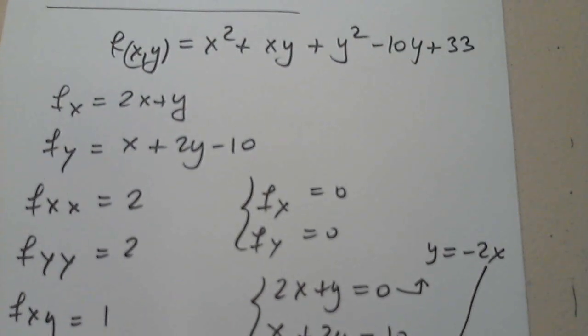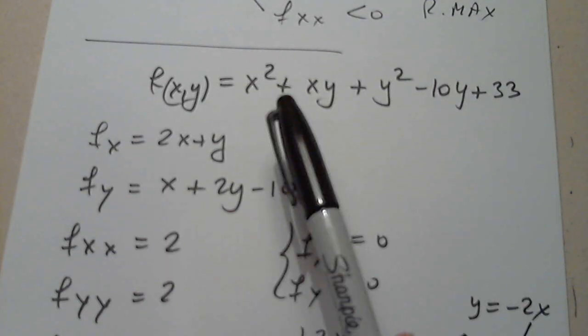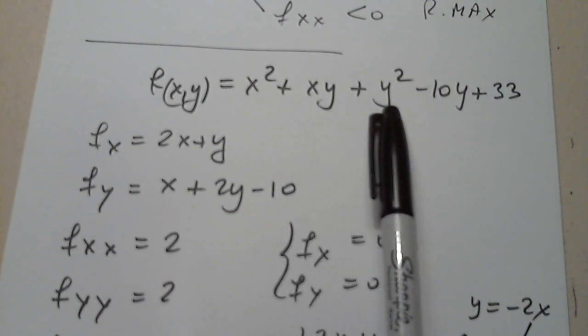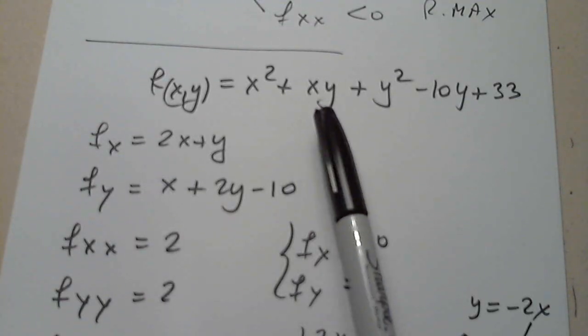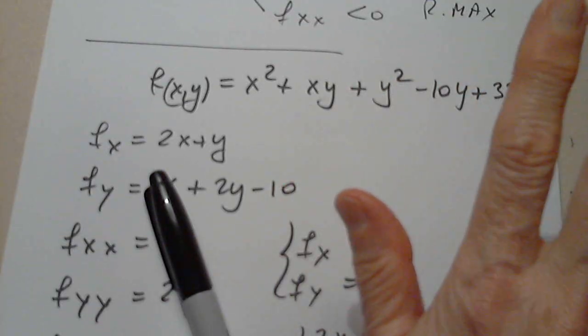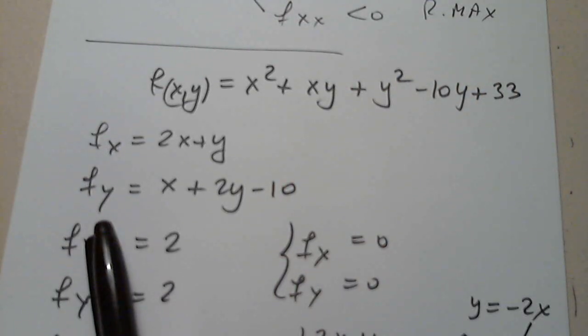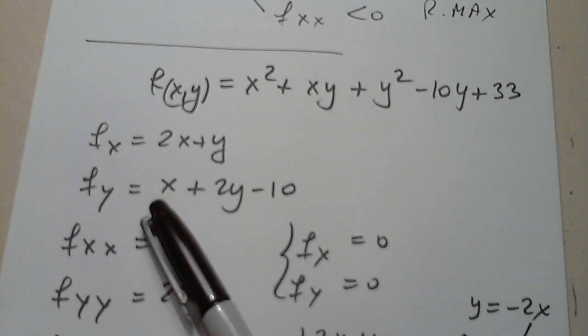Okay, let's recap. Let's go back slowly. When we differentiate this function with respect to x, we have 2x and we have y. There is no x here. When we differentiate with respect to y, there is no y here. There is a y here, so I have x.